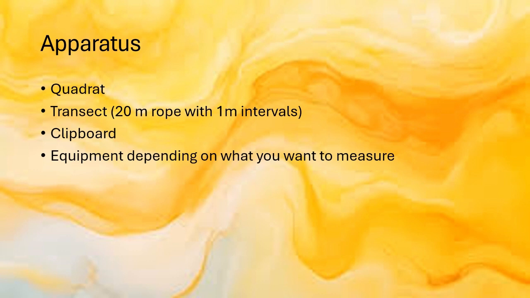You also need a clipboard to take notes on your practical. And finally, you need certain equipment depending on what you actually measure. So if you're measuring light intensity, you would need the tools to measure light. And if you want to measure the moisture of soil, then you need a completely different tool for that. So that depends on the experiment you want to carry out.